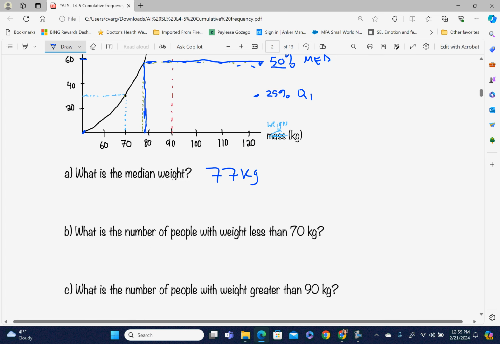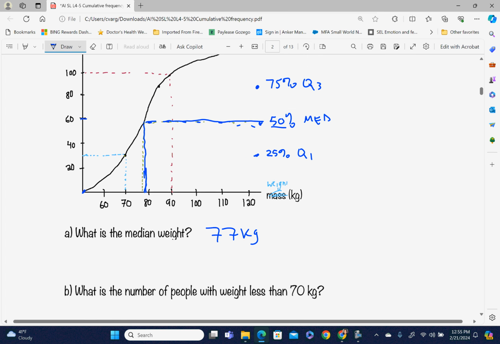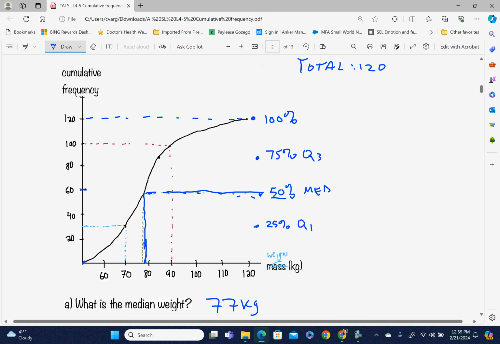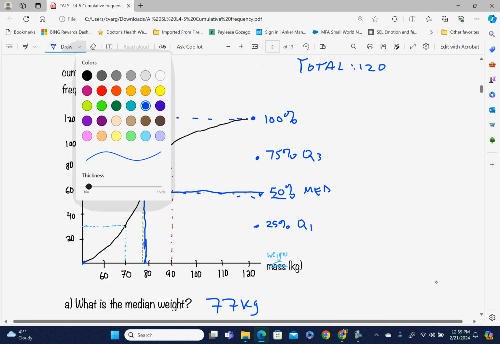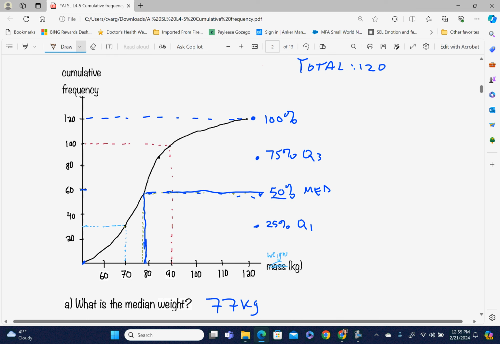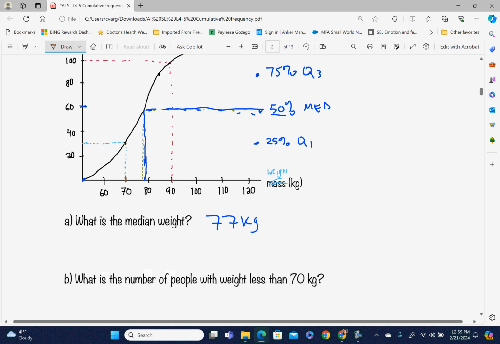What is the number of people with less than 70 kilograms? Let me just change the color here. Let's go brown. So let's see where 70 is. Here's our 70 kilograms, right? That's 70 kilograms right there.